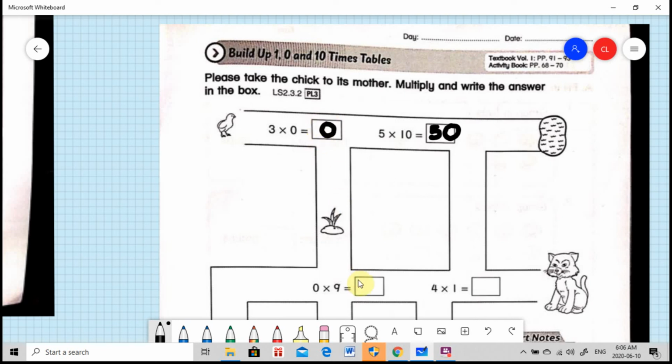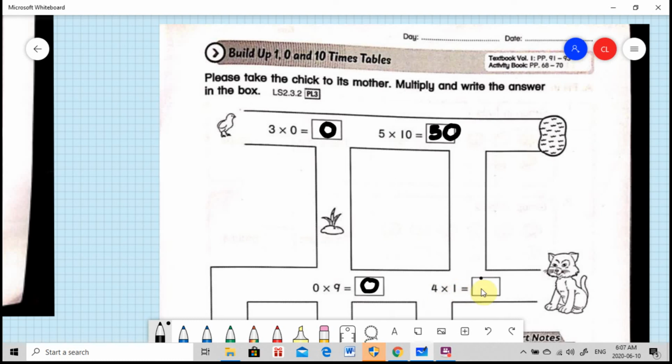Like I said, any number multiplied by 0 gives us 0. Just now we learned that any number multiplied by 0 gives us 0. Now what about this one? Any number multiplied by 1 gives us the number back itself, right? So 4 times 1 equals 4.